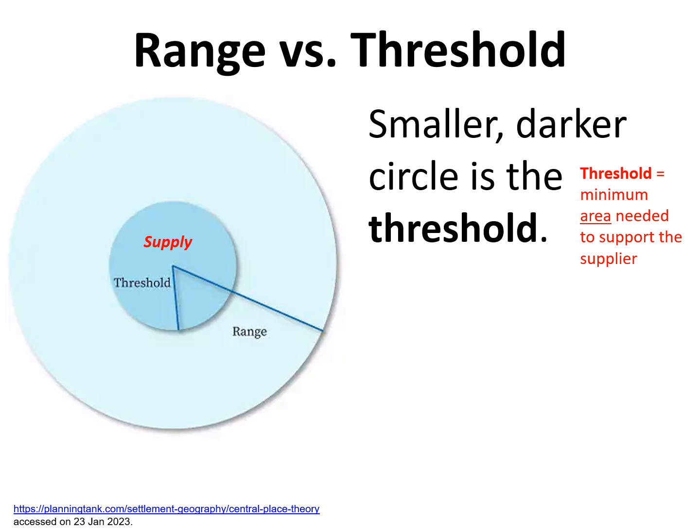Remember that this minimum area is going to have some number of people in it. And in this model, each hectare, or each square kilometer, will have the same amount of people. So there's a uniform population density.